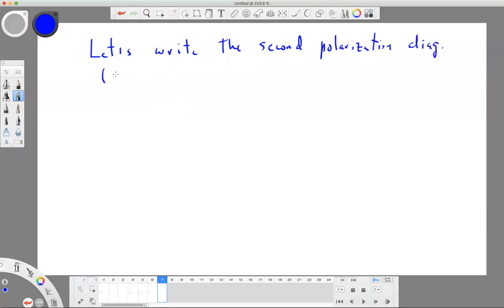So the second polarization diagram is going to be something like this. We've drawn it already. Let me draw it a little larger here.